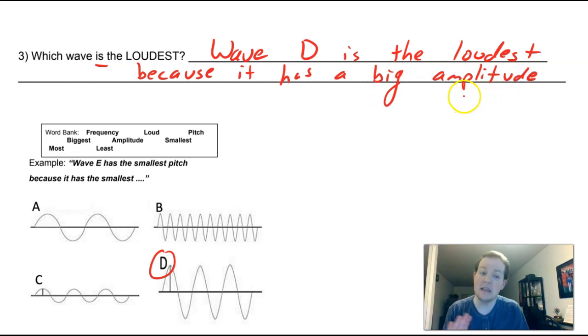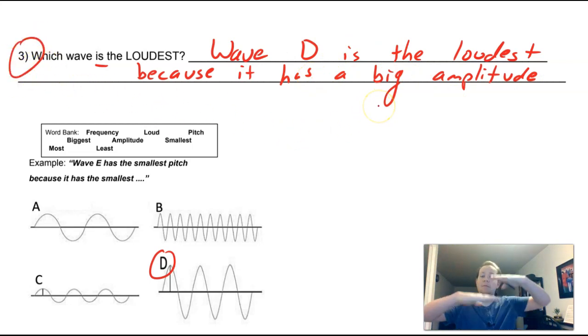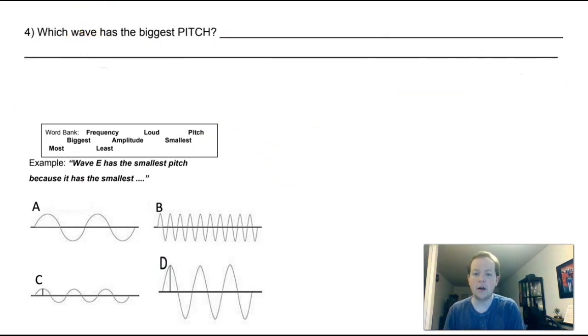Your sentence might be a little different. That might be okay. But D is the correct answer for number 3 because it has a big amplitude. Amplitude, loudness, la misma. The same thing. That is number 3.